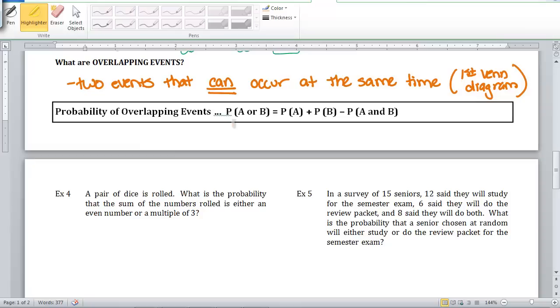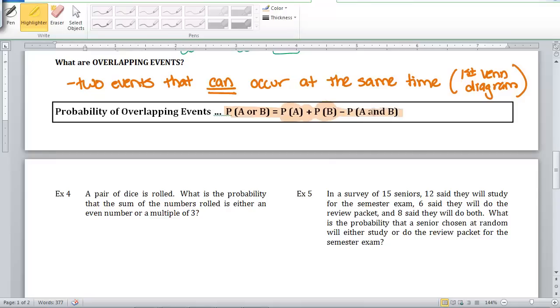Now, as far as how to figure out an overlapping event, you start out the same. You're taking the probability of A or B. And so you're going to be adding the probability of A plus the probability of B. But if you did that, there would be a time in that last example where we included the 2 of clubs in event A and the 2 of clubs in event B. And there's obviously only one 2 of clubs in each deck of cards.